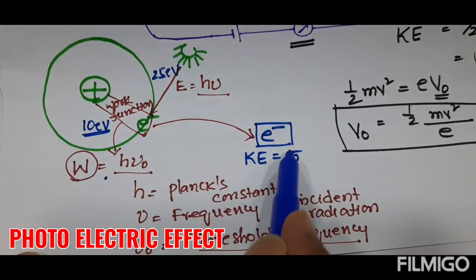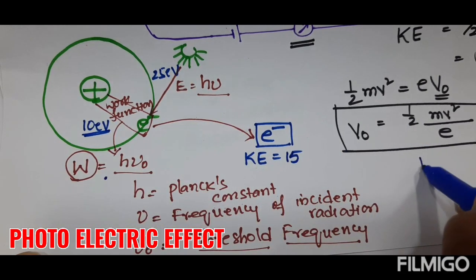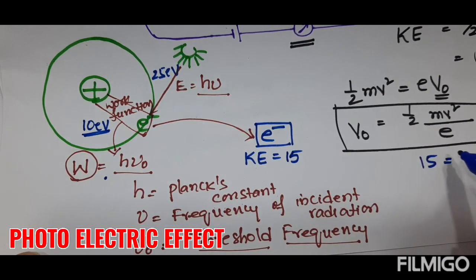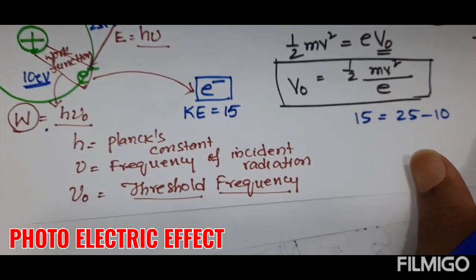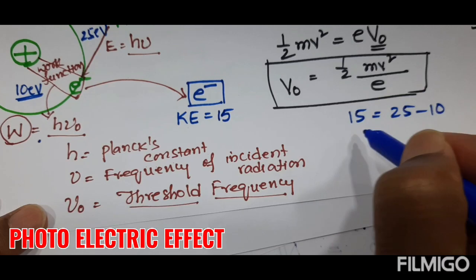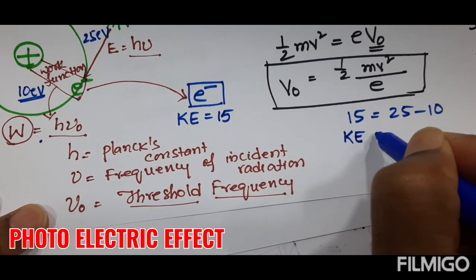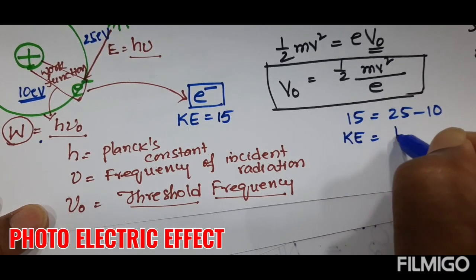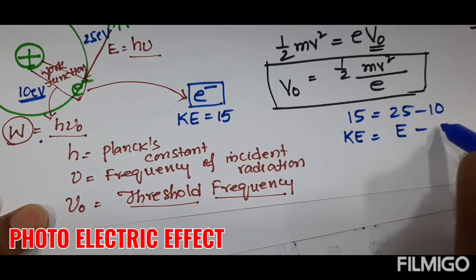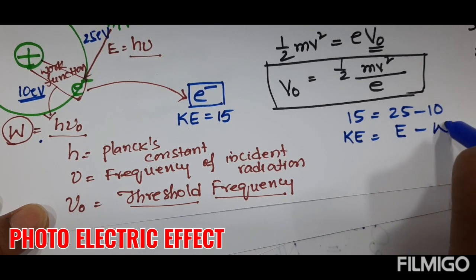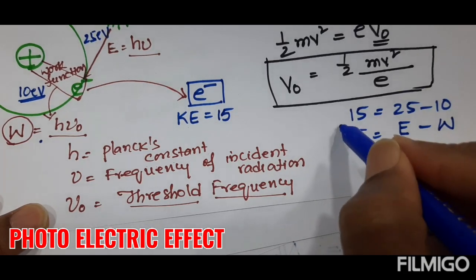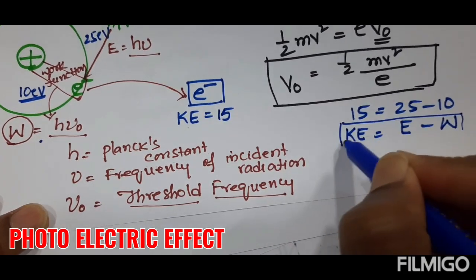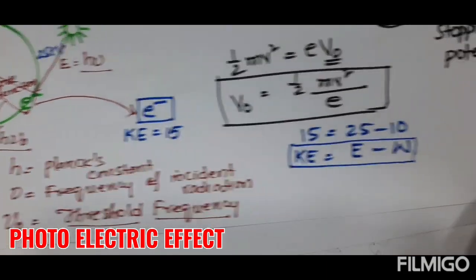What is the mathematical relation here? 15 is equal to 25 minus 10. 15 means kinetic energy, 25 means energy of the incident radiation, 10 means work function. So this is the relation for the photoelectric effect.